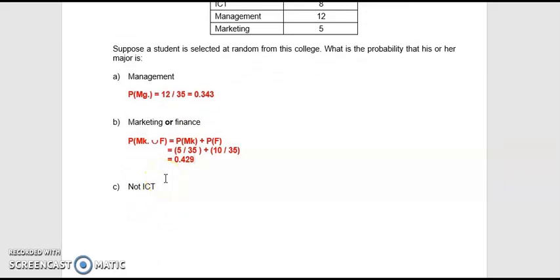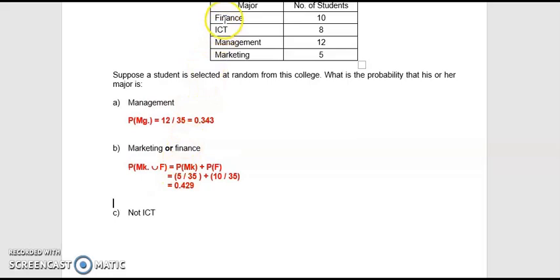Okay, last, C. Find the probability that his or her major is not ICT. So not ICT refers to finance, management, marketing. Instead of adding one by one, finance plus management plus marketing, what you can do is use the complement rule. The complement rule means that you use 1 minus the probability of ICT prime, for example.